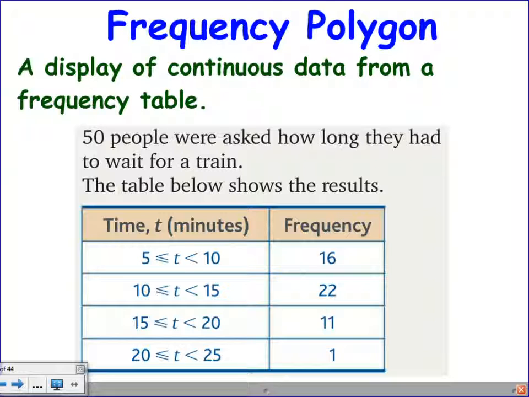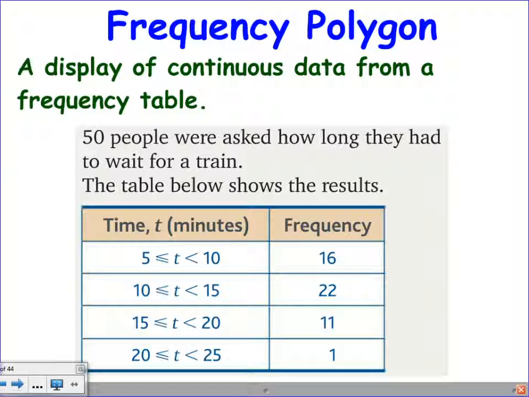Here, if it was exactly 10, it would fall into this category, okay? So we're grouping our information, okay? So time is continuous data, so it has to run on continuously. So this can be 9 minutes and 59.9999 seconds late, and this one can be exactly 10 late. So we've got no gaps in our data, it's continuous, okay?